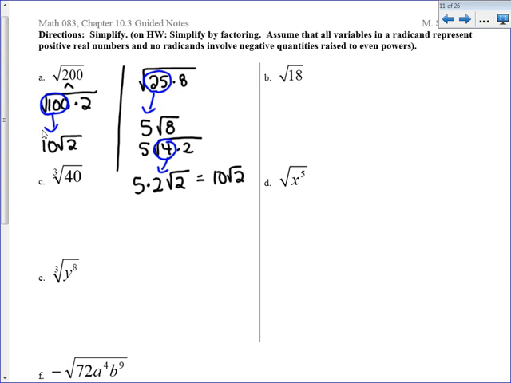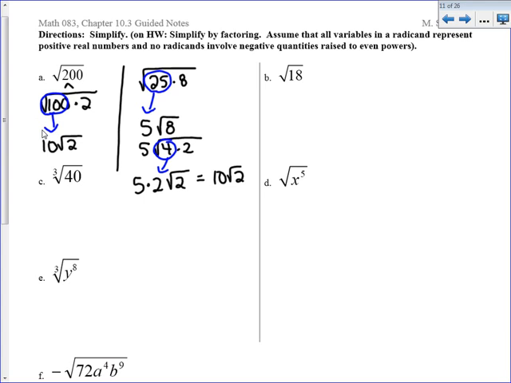So B, I have the square root of 18. It's not on my list. It's not a perfect square. So I want to try to find if I can break it up as something times something, where half of that is a perfect square. Do any of my perfect squares evenly divide into 18? 9. 9's the only one.